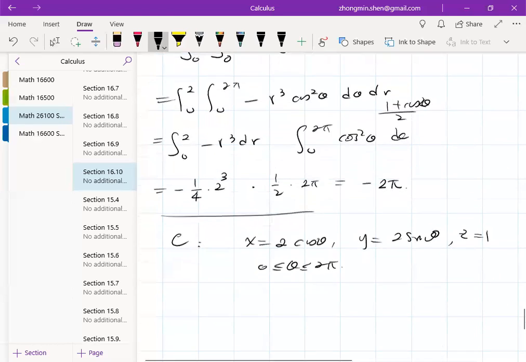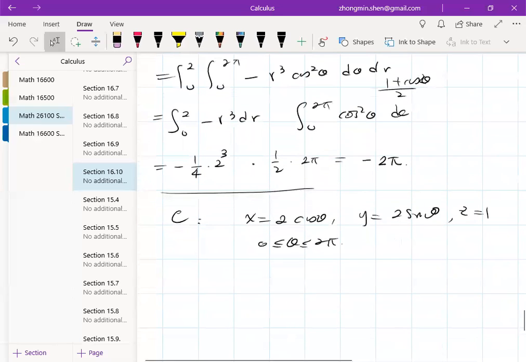Okay, and then the line integral becomes, okay, so this line integral over C of F dot T ds is going to be the integral from 0 to 2 pi of F. Yeah, so r(theta) is given by this.